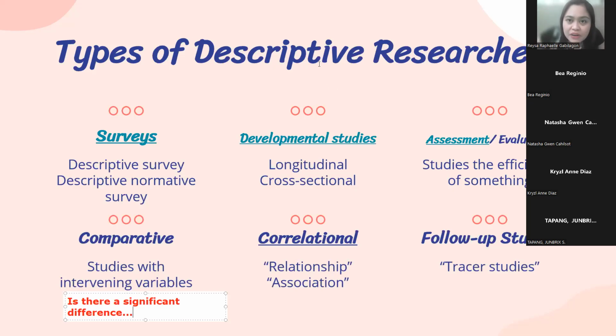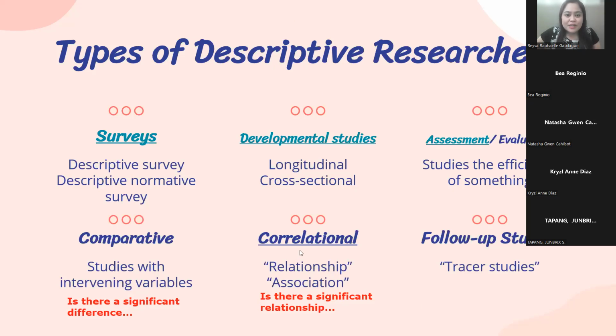But if the question is, is there a significant relationship? If that is what is being looked for, relationship or association, we call that quantitative, descriptive, correlational research design.